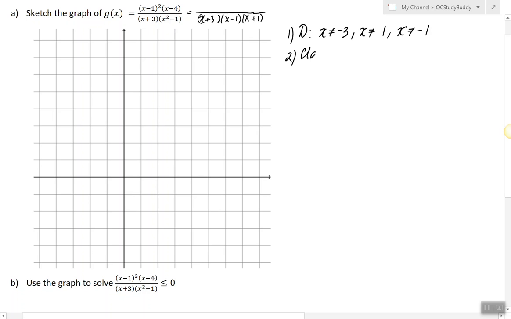Next, what we do is we classify the discontinuities. So we just learned that we have 3 discontinuities at -3, 1 and -1, and now we want to know whether we have a removable discontinuity or an asymptote. So to classify discontinuity, we have to write the function in reduced form.